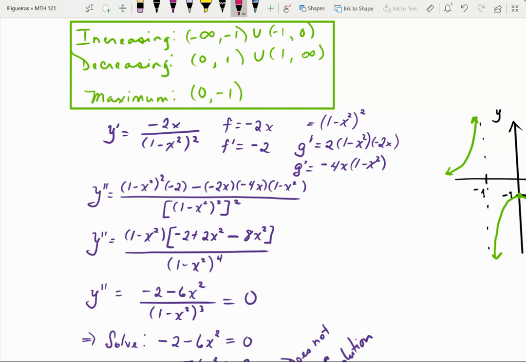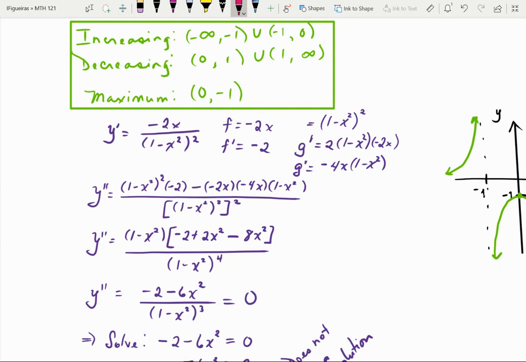And then the first product is just negative 2 times (1 minus x squared), which is negative 2 plus 2x squared. And when I factor 1 minus x squared from the second product, I'm only left with minus negative 2x times negative 4x, which is a minus 8x squared, all over our denominator. And so when you have an expression squared, it just becomes to the fourth power.